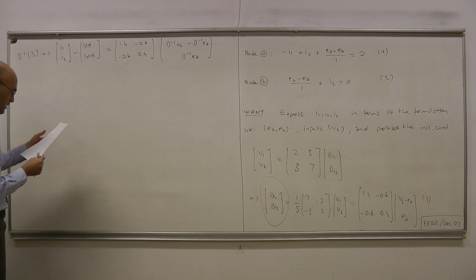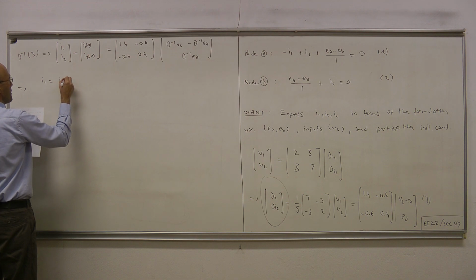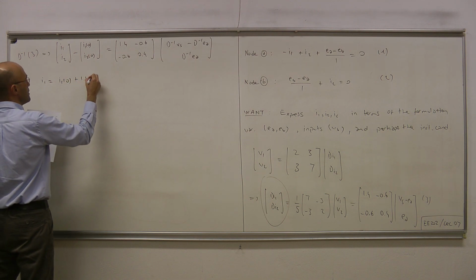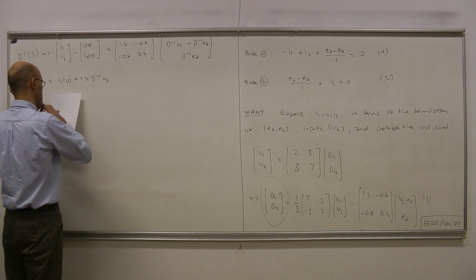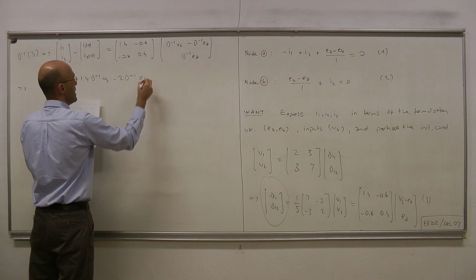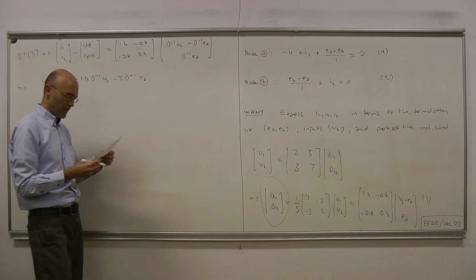Okay. So we have therefore I1 equals I1,0 plus 1.4 d inverse ES minus 2 d inverse EA. It turns out, if you just write this equation in open form.